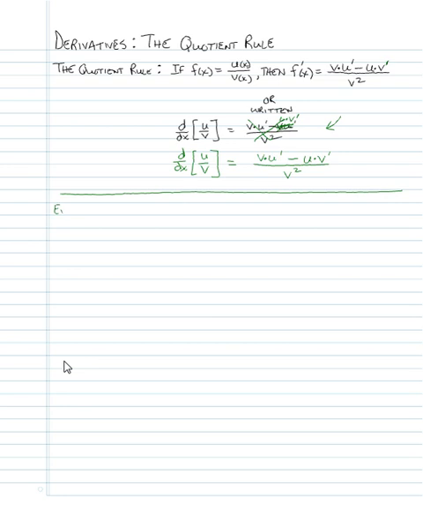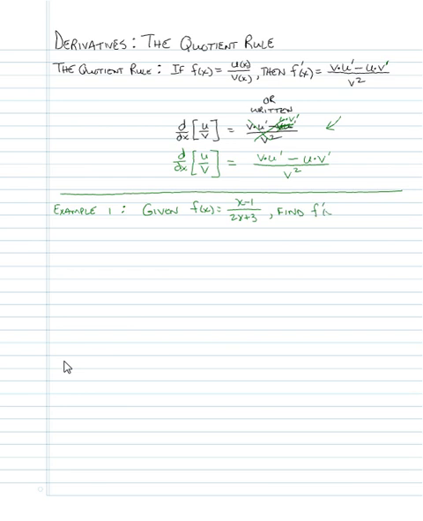Let's look at our first example, though. Okay, in this case, we're given that the function f of x is the fraction x minus 1 divided by 2x plus 3. And we're to find f prime of x.